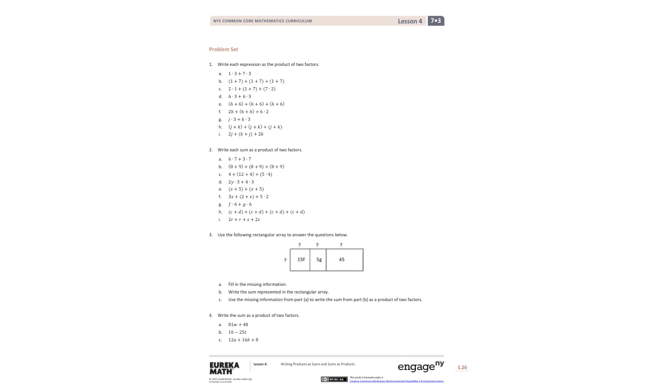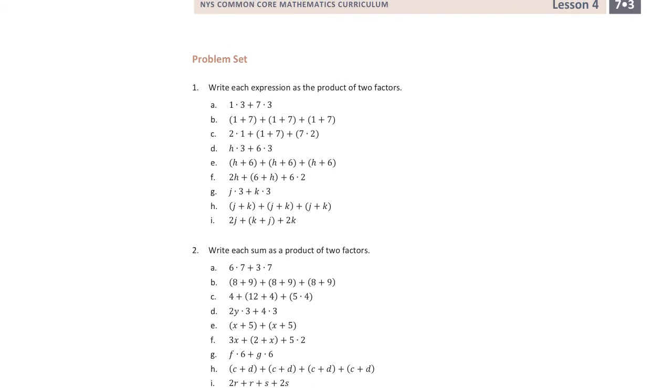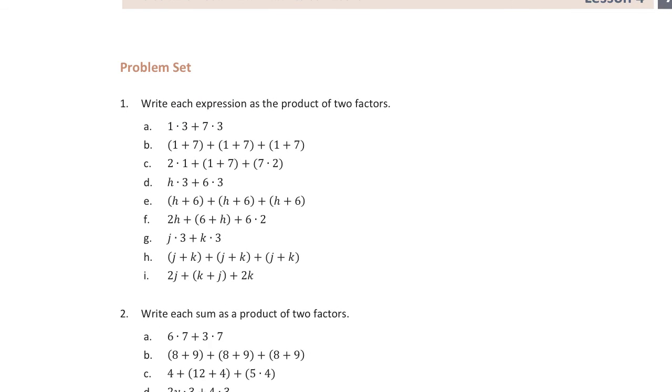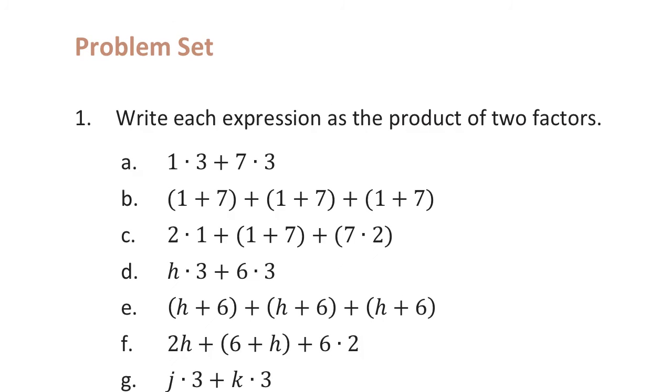Okay, so you're looking at your problem set here. I want to clarify directions in problems 1 and 2 to make sure you're understanding. So when I look at problem 1, 1 times 3 plus 7 times 3, it says to write each expression as the product of two factors. So that particular problem, you'll notice that the 3 is what's being repeated.